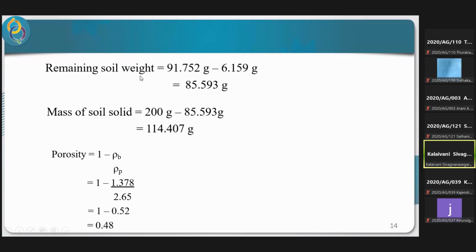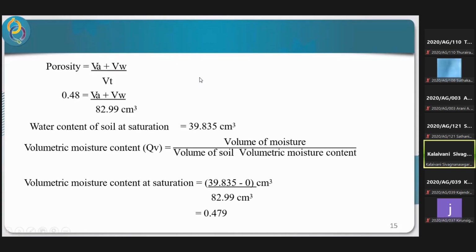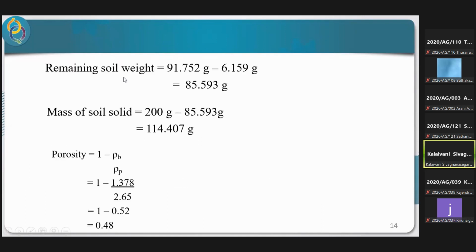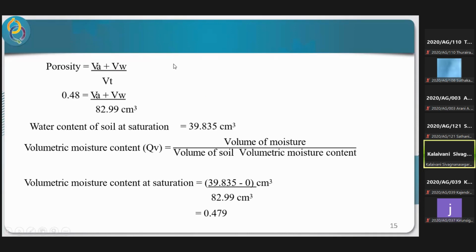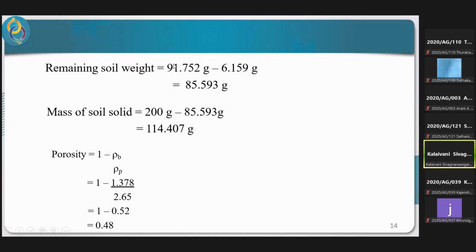Here I already gave the answers for all these things. So remaining soil weight, you have to reduce the crucible weight, 6.159. From that you will get the answer for remaining soil weight. Then you have to reduce this remaining soil weight from 200 grams.